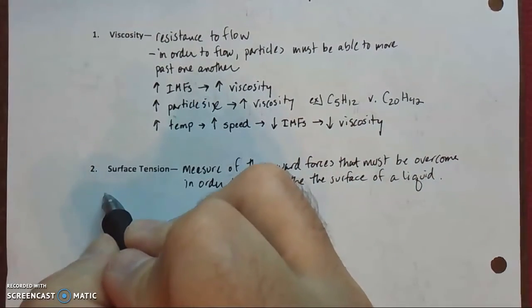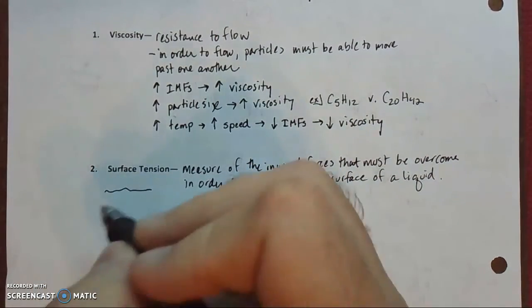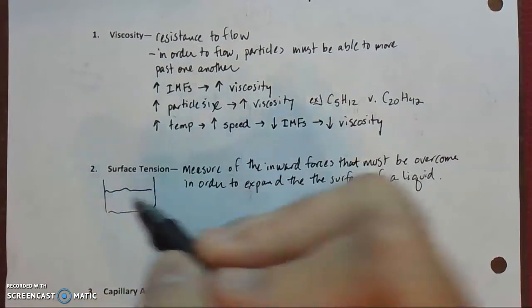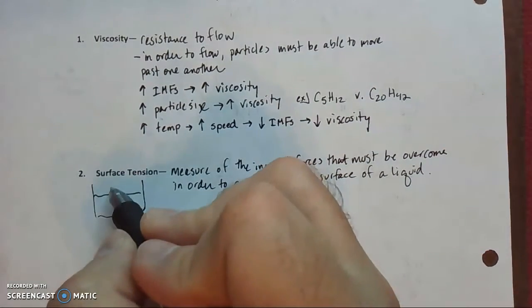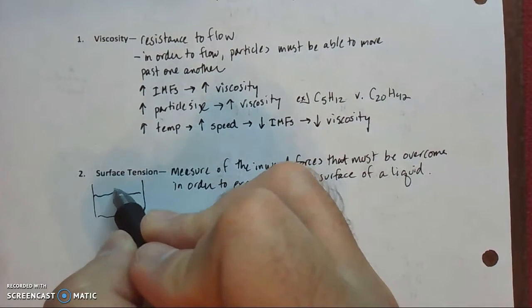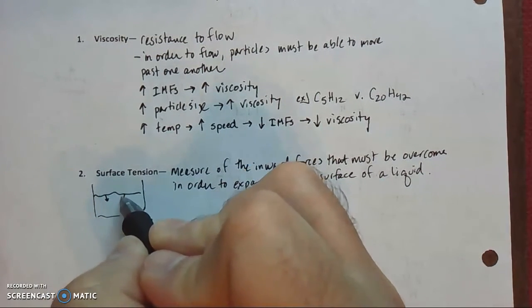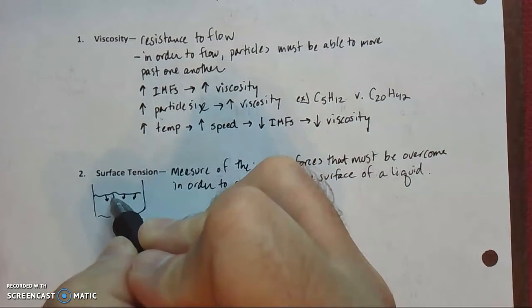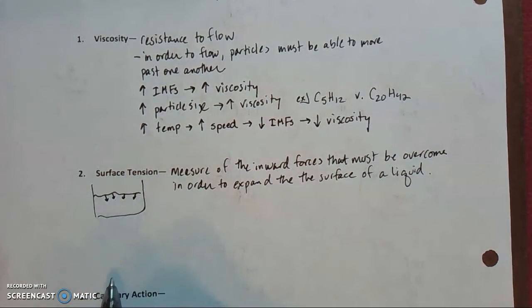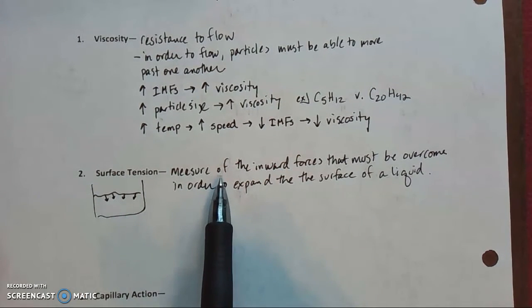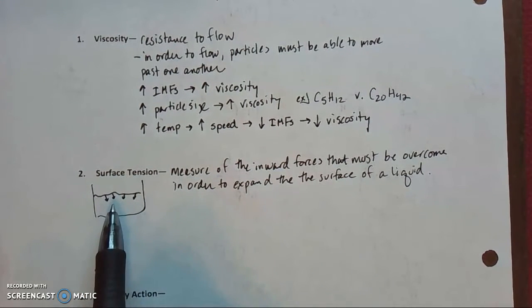So at the surface of a liquid, if we have a container that has a liquid in it, there are no forces of attraction really between the air molecules and the liquid molecules. So the only force of attraction the water or the liquid would have would be to the other molecules of liquid. So this is a measure of the inward forces that must be overcome in order to expand this surface, so to move the surface.